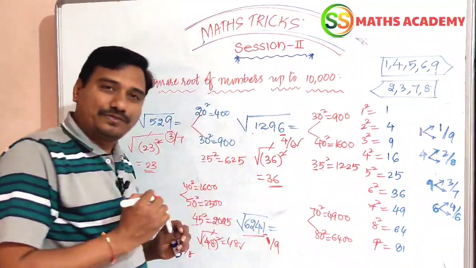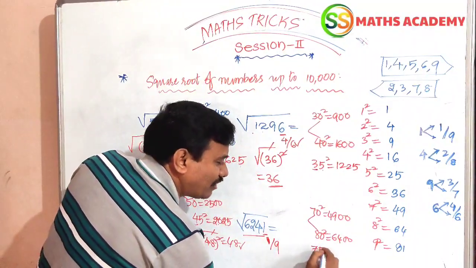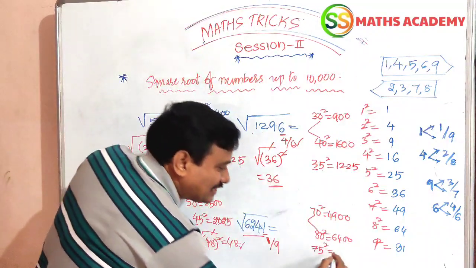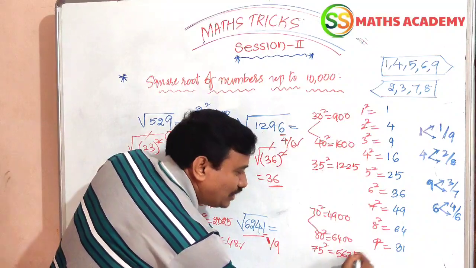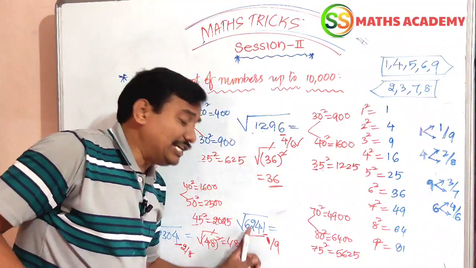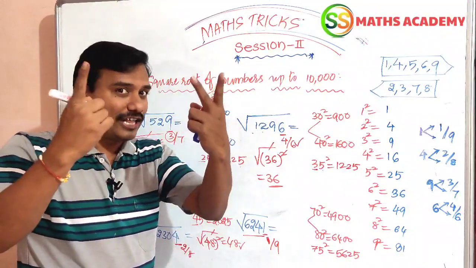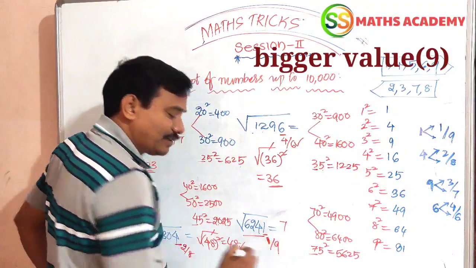Half of these two is usually 75 square. 75 square, by the knowledge of session 1, is 5625. Comparing to these two values, dear friends, this is more than this value. More than means you can take 7 as it is.